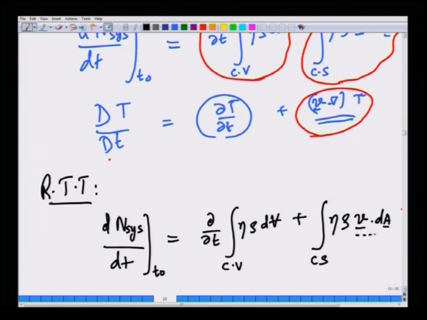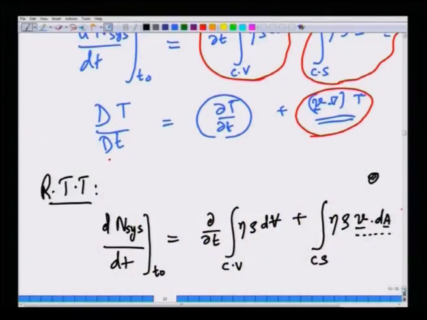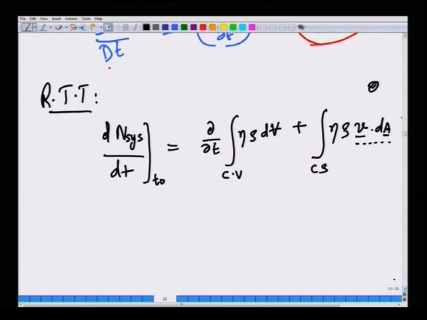V dot dA is the volumetric flow rate on a tiny surface patch, rho times that is the mass flow rate, and eta is quantities per unit mass. So this is the rate at which quantities such as mass, momentum or energy are either carried away or carried into the control volume, depending on the nature of the problem.